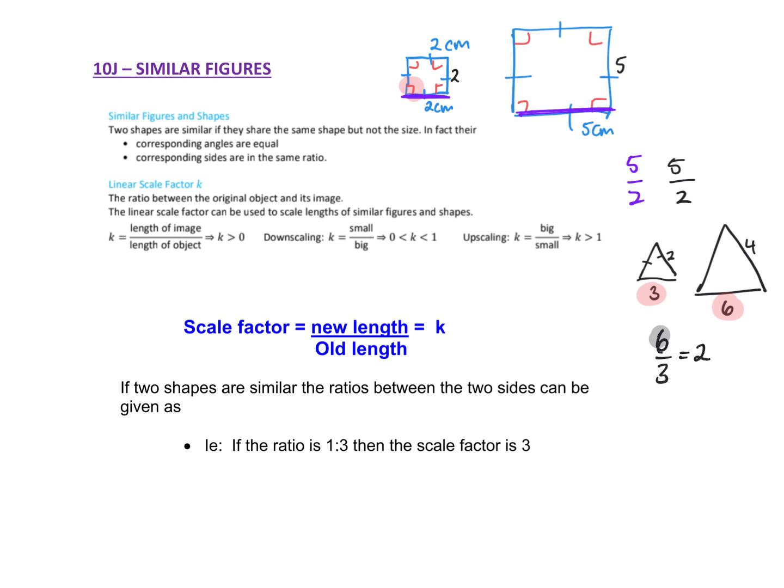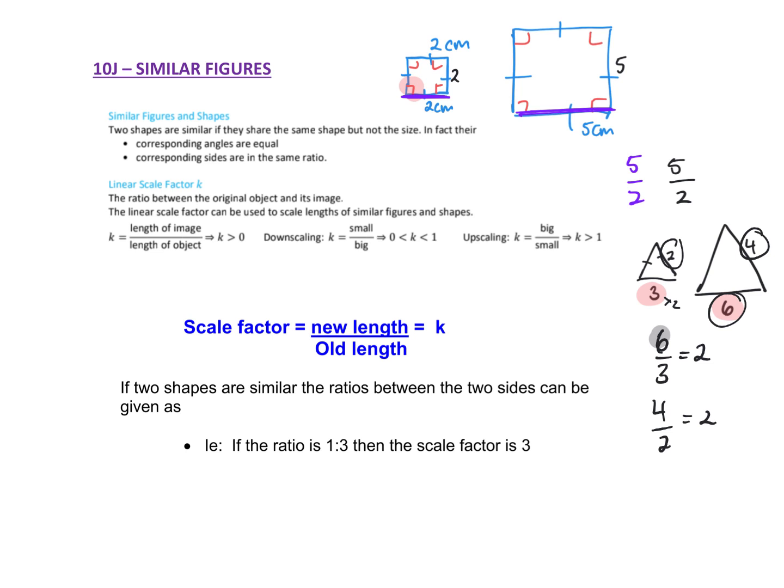Yep, so would you agree that this side here is 2 times larger than that side? Now, if you compare the other two sides, 4/2, does that go down to 2 too? Yeah? So can you see the sides were enlarged by the same amount, or the same ratio, we say? That's when we know we have similar figures.